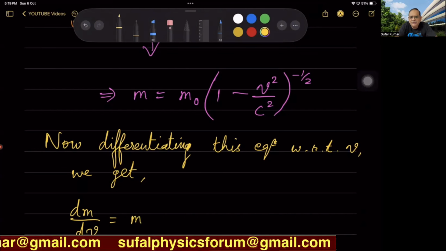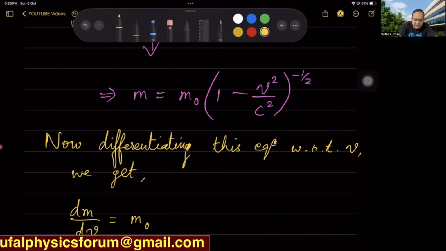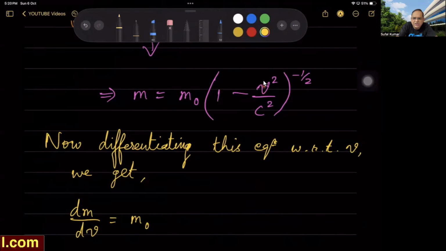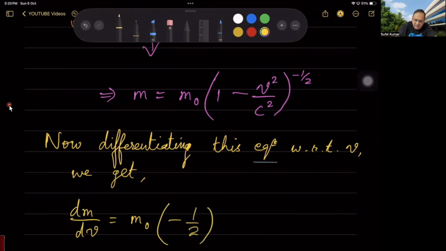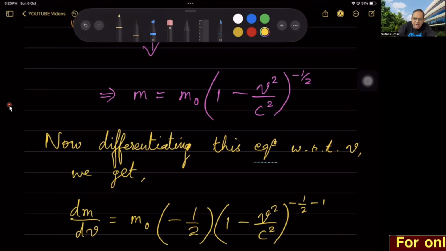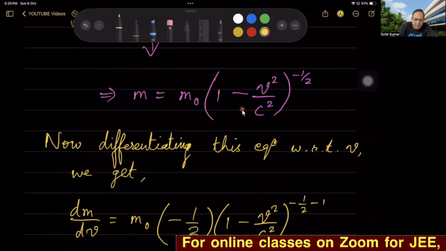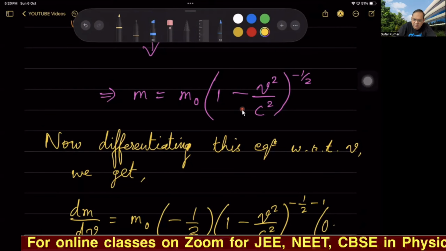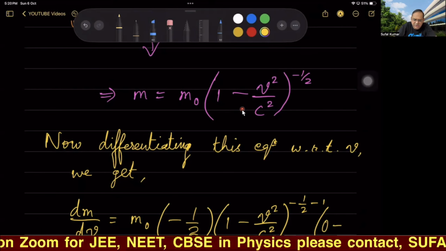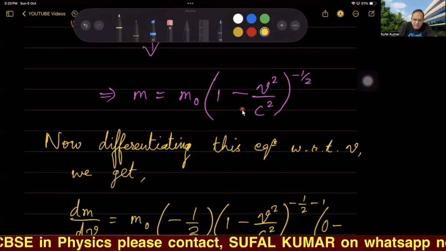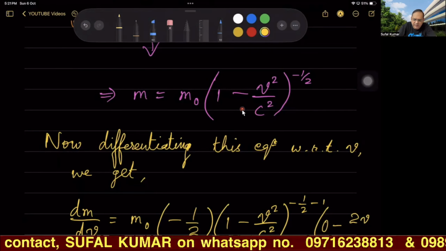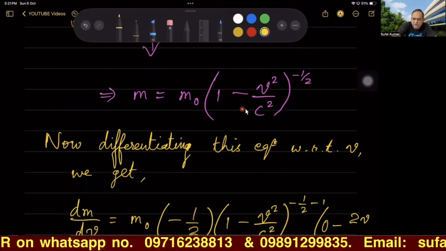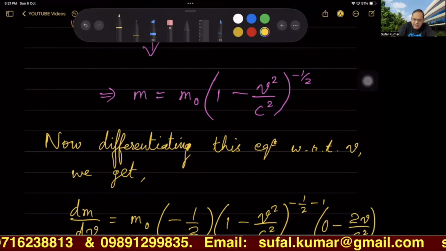This time, chain rule of differentiation: n x to the n minus 1, then thereafter differentiation of this bracket, that means 1 minus v square by c square. Differentiation of 1 is 0, minus v square gives 2v, 2 minus 1, that means 2v only. Definitely c square is constant, so it will be taken as it is.